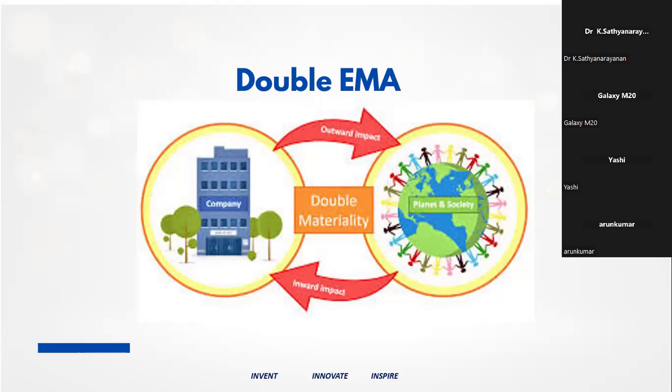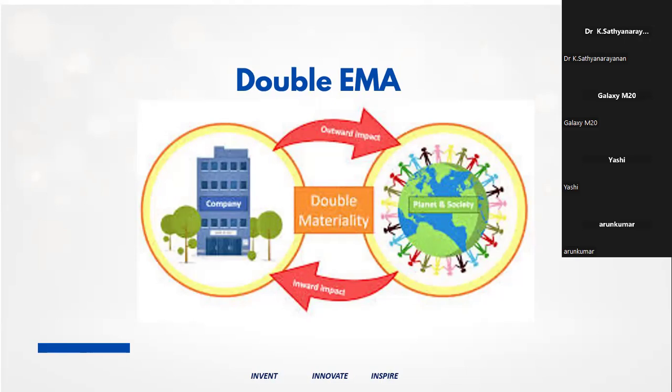Double materiality assessment is nothing but with respect to the financial aspect, and the impact materiality inside and outside your organization. There are two parameters which you are going to see as an organization. The first one is my impact materiality, how my impact is outside the organization.